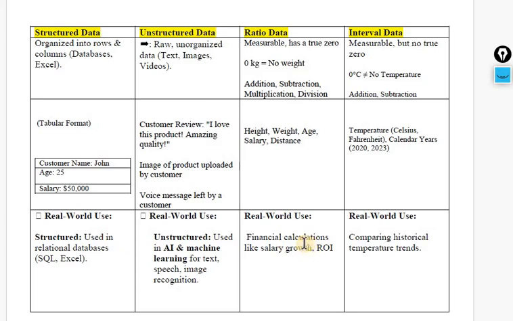Interval data is used for comparing historical temperature trends, mainly in weather forecasting.